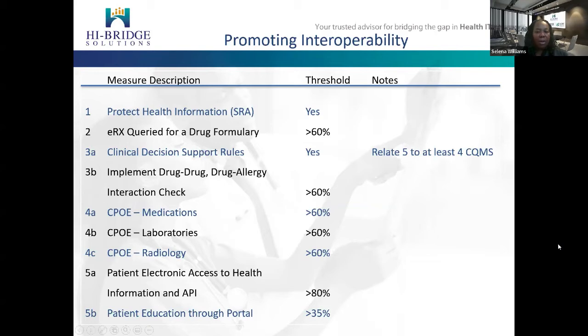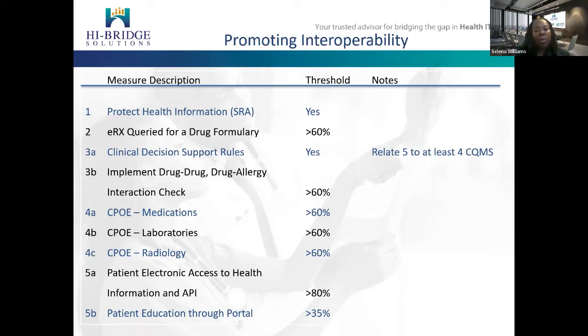And then these are the other measures. We'll go down and talk about the API a little bit. The API requirement is a few slides down, but we just want to make sure that on this one you have to meet the 80% and the patient education portal.